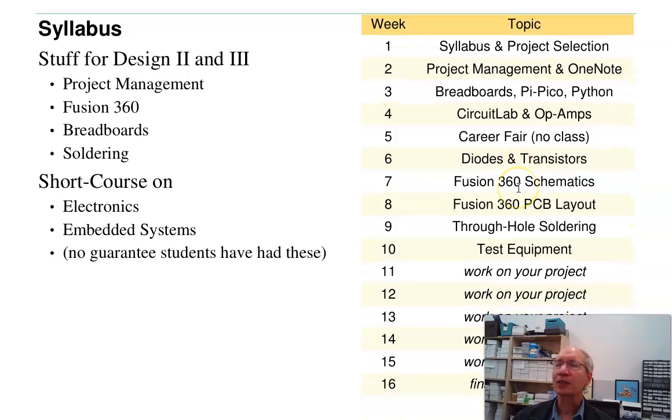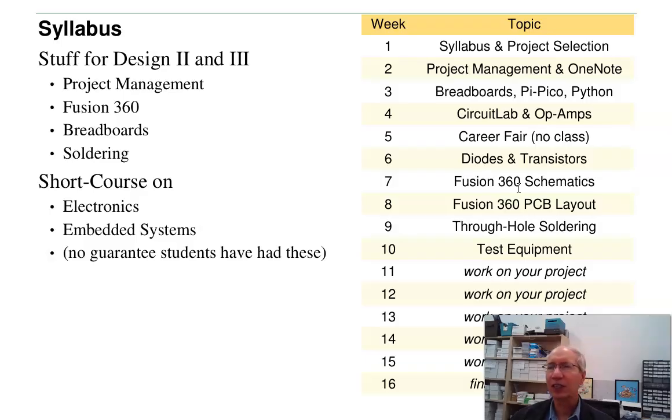In terms of the syllabus, we're going to meet for the first 10 weeks. The first week is the syllabus and project selection, this lecture. Week 2, we'll go over project management and OneNote. Third week, breadboards, PyPico, Python. Fourth week, kind of a review of circuits, electronics, embedded systems. Again, for this course, we don't know which courses you have had, which ones you haven't had.